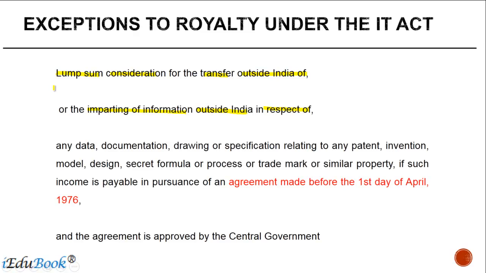So in cases where there is a payment which is made outside India, which is lump sum, right, for transfer or imparting of information for any data, documentation, drawing, or specification relating to any patent, invention, model, design, secret formula, or process, or trademark, or similar property, if such income is payable in pursuance of an agreement made before the first day of April 1976, and the agreement is approved by the central government, right?